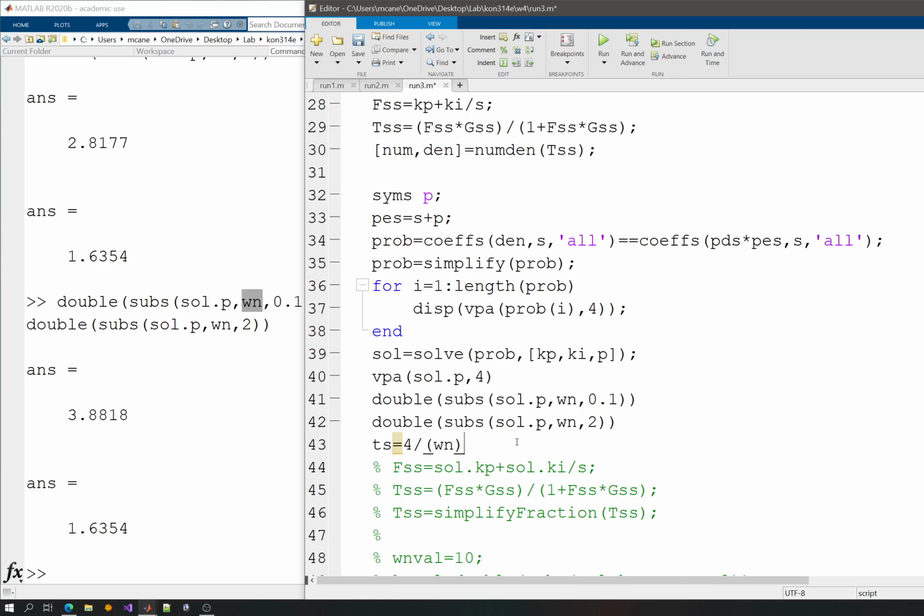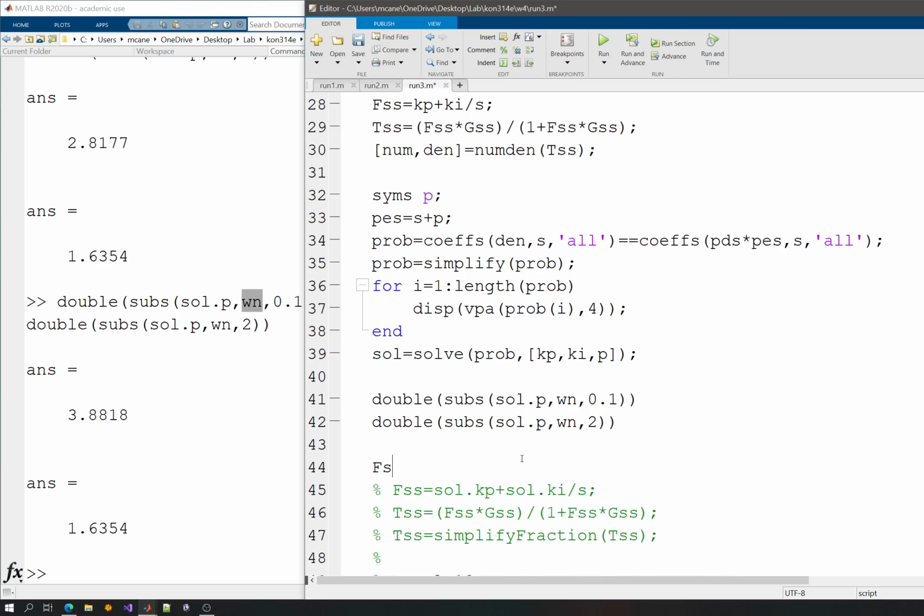Let me just go ahead and maybe solve this by choosing omega n 0.1, and I might also choose a different value and compare what the result will look like. So let's say kp1 here should be double, and I should substitute sol.kp.